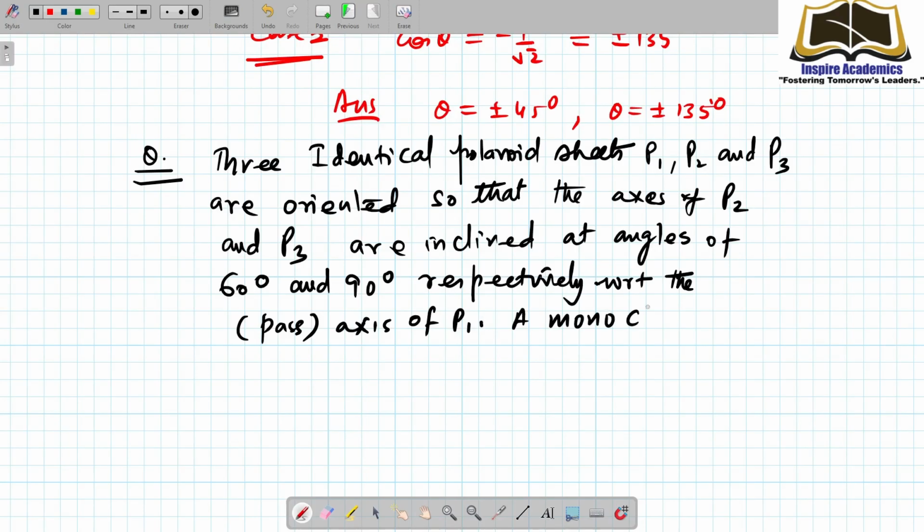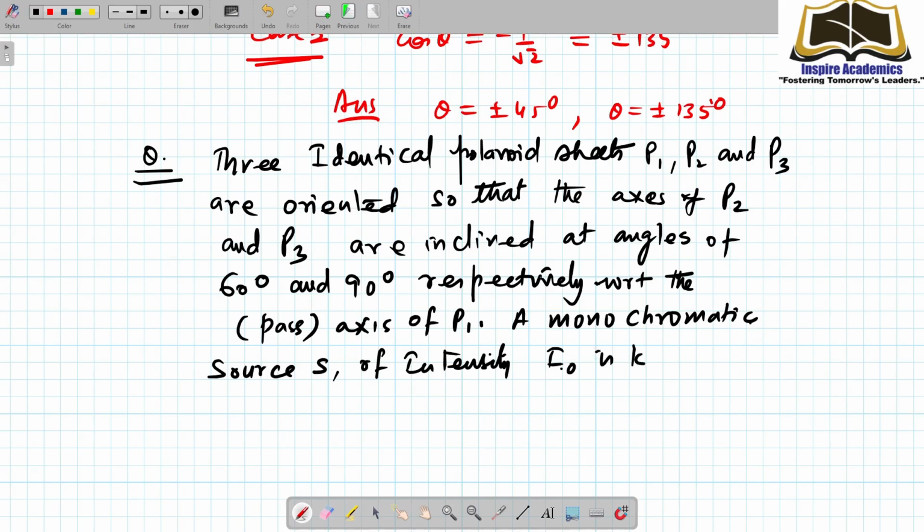A monochromatic source S of intensity I naught is kept in front of the Polaroid sheet P1.